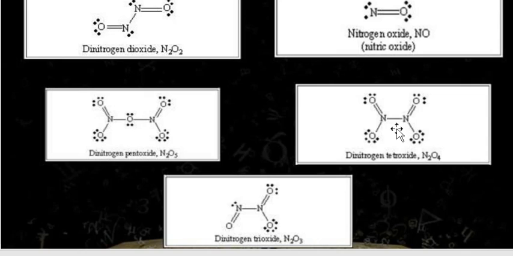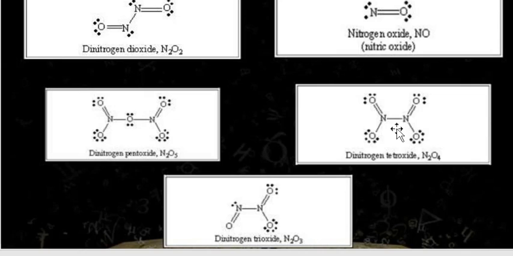And the next question arises: why does ammonia act as a Lewis base? What is the reason behind ammonia acting as a Lewis base? So the answer is that in the structure of ammonia, the nitrogen atom has one lone pair of electrons which is available for donation.